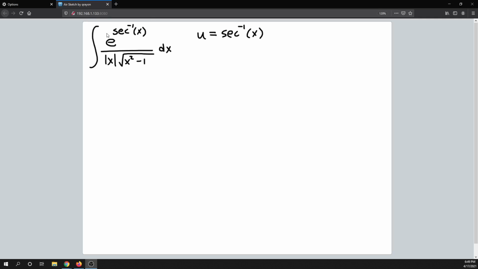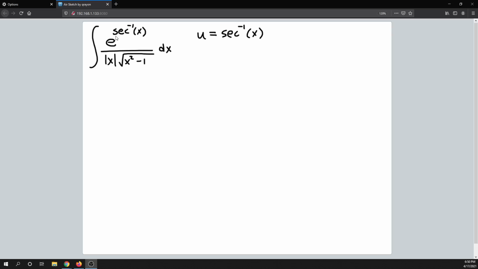Another kind of dead giveaway on a lot of these problems is e. The exponent really is the inside part here. So on the list of good choices for u, it satisfies the first one: secant inverse is the inside part. That is a hard thing for a lot of people to see because it doesn't really look like it's inside, the way that we write this.